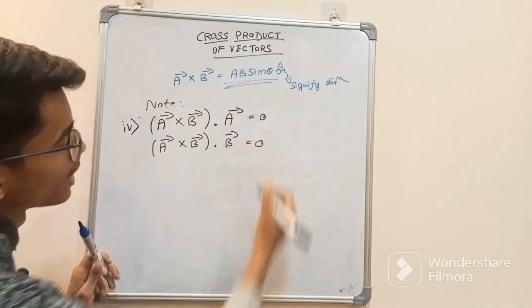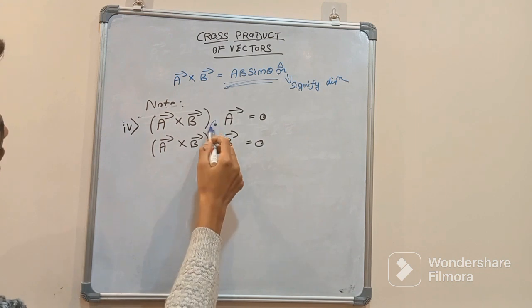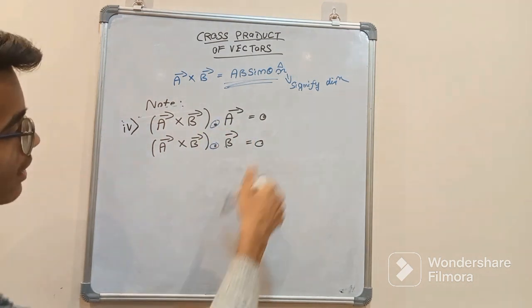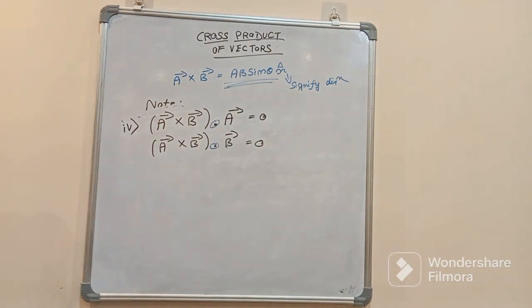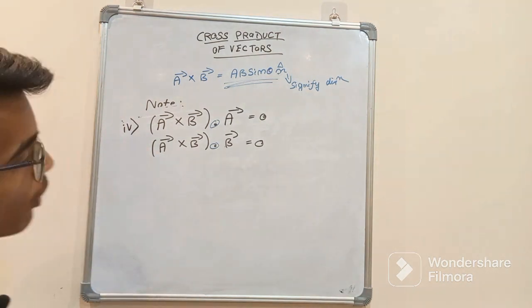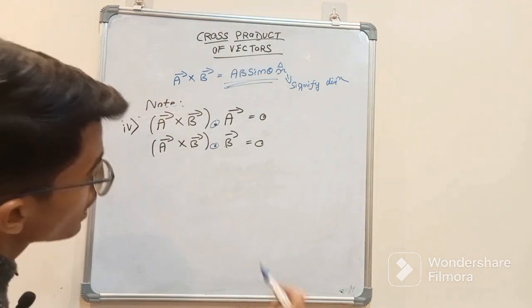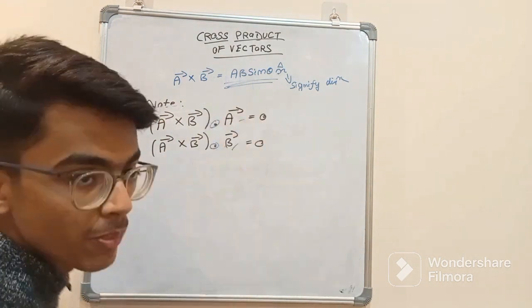And both of these are equal to 0. Why? A vector cross B vector का dot product A vector और B vector के साथ, why is it 0? Because we have seen in the earlier points, A vector cross B vector is perpendicular to A vector as well as B vector.